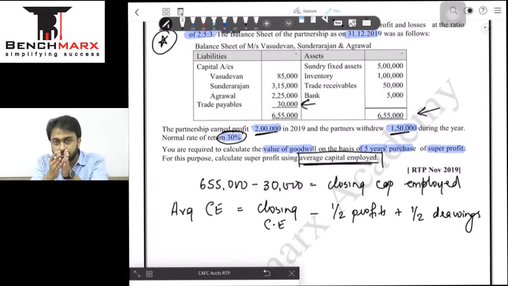Some profits have been earned in the second half, some profits must have been earned in the first half. Similarly, drawings तुम्हारे closing balance sheet में है ही नहीं because amount withdraw हो चुका है. But certain drawings are made 6 months के पहले, certain drawings are made 6 months के बाद. So you have to include some drawings as well, and you have to exclude some profits as well. That is the formula to get the average capital employed.